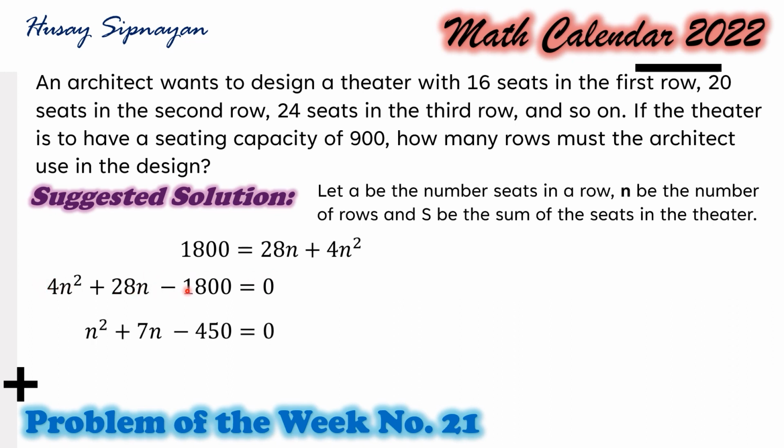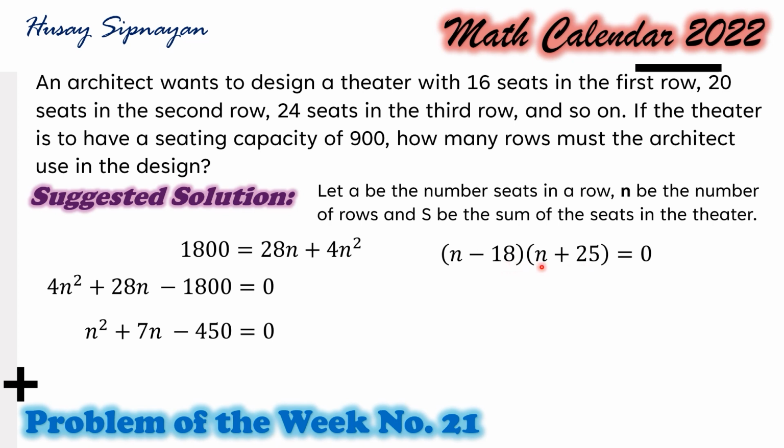So we have n squared plus 7n minus 450 equals 0. To solve this resulting quadratic equation, we're going to use solution by factoring. The left-hand side is a factorable trinomial. N squared plus 7n minus 450 can be factored as n minus 18 times n plus 25.